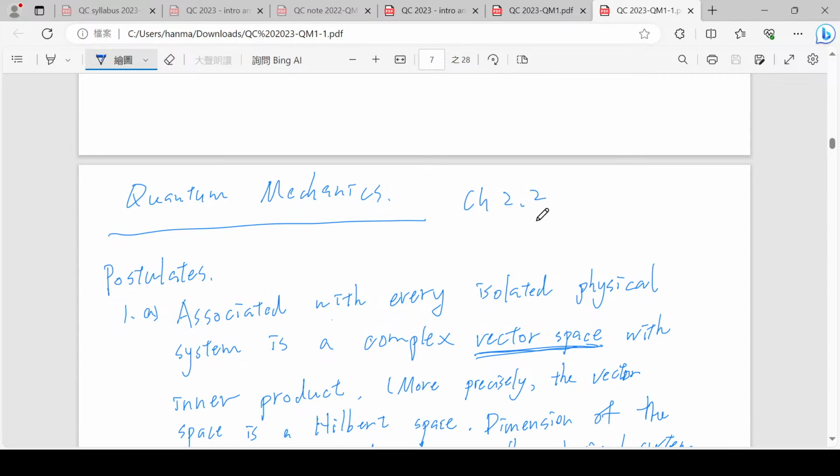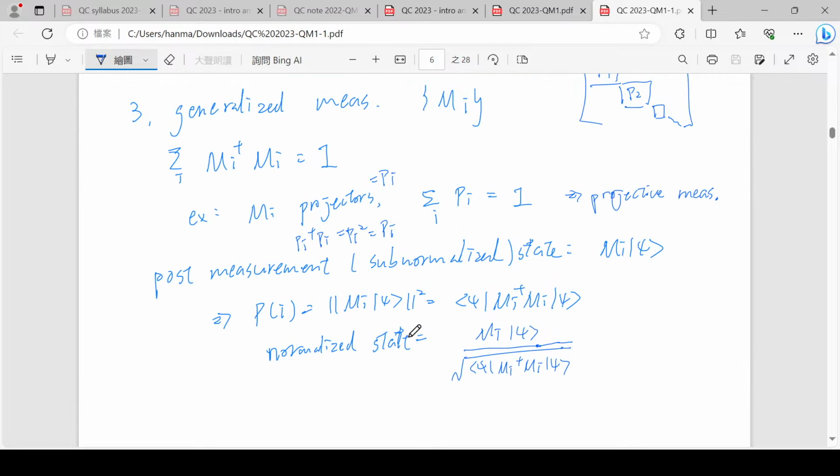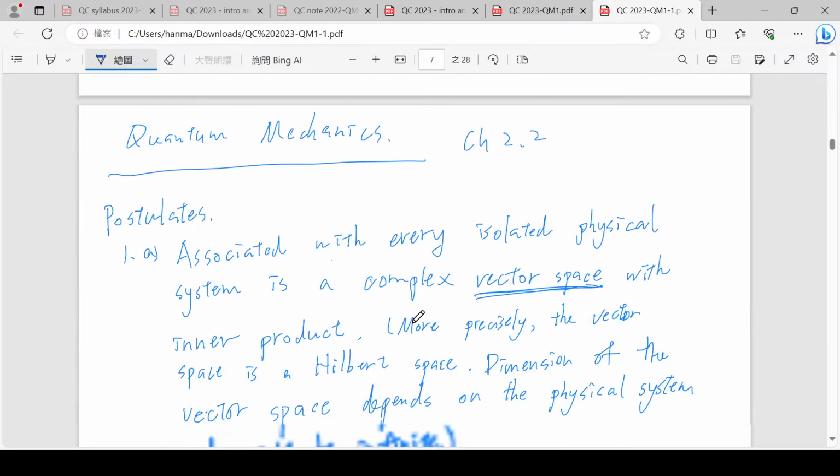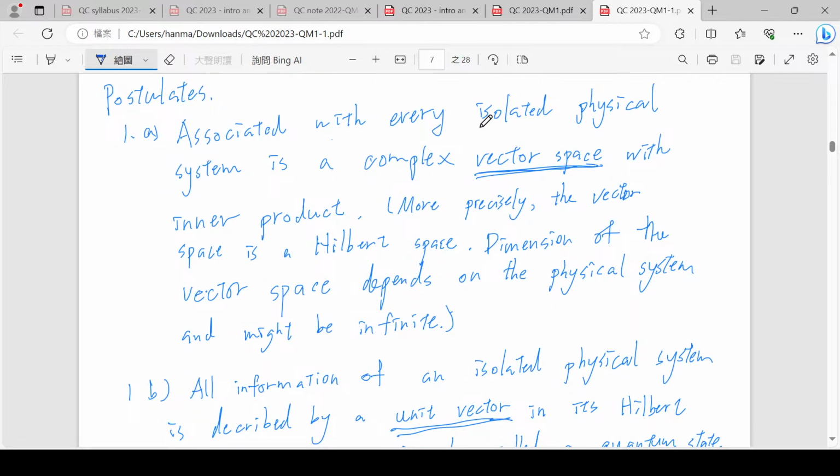This is in chapter 2.2 of the book. Basically we do the same thing again, but writing measurement as the generalized measurement. So, the postulates of quantum mechanics as written in Nielsen and Chuang. First postulate: associated with every isolated physical system is a complex vector space.